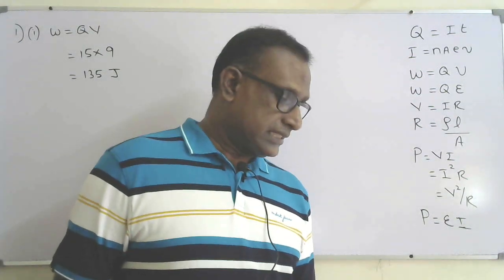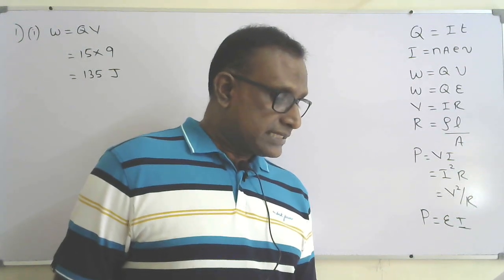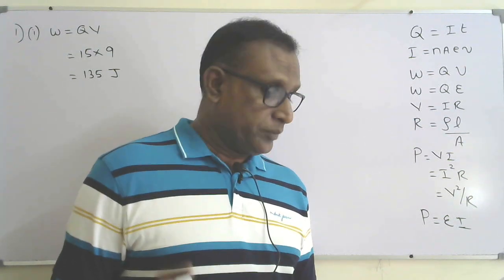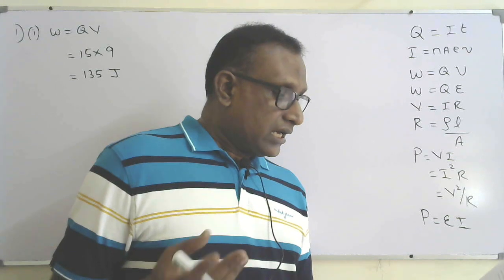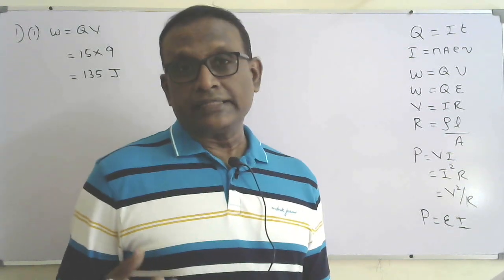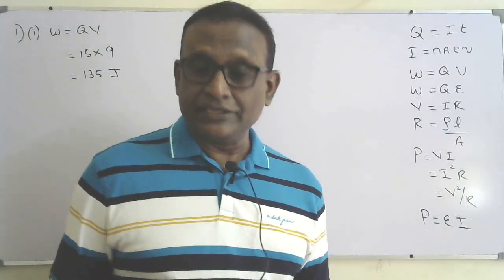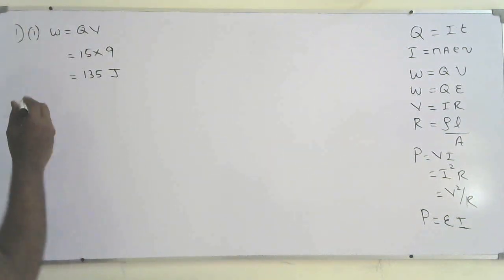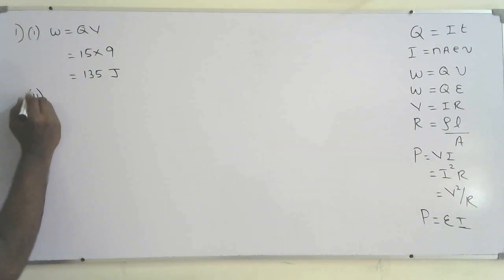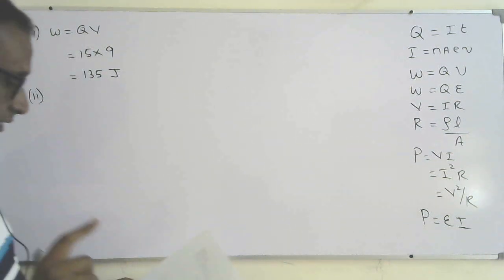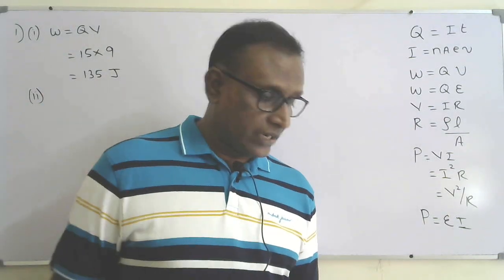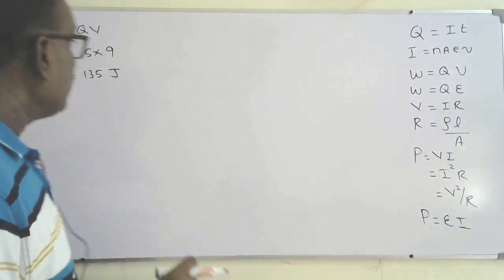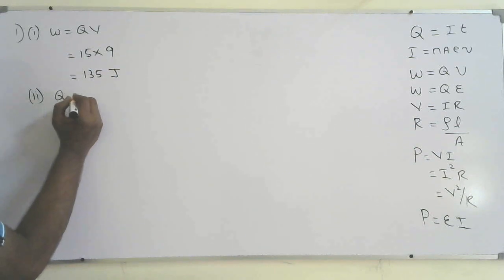Second part of that question: a current of 0.6 ampere flows through it for 2 minutes. I need to find the energy supplied by the battery, which has EMF of 9 volt. I'm not writing the question, I just read it because you can download it from there. I need to find first the amount of charge flown through it.